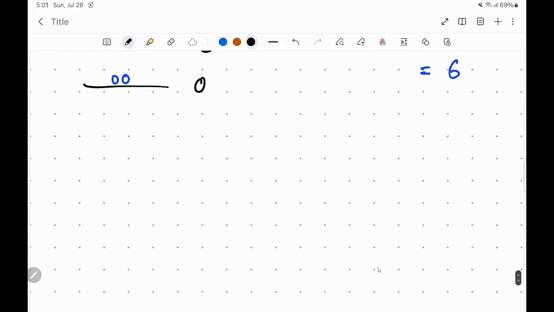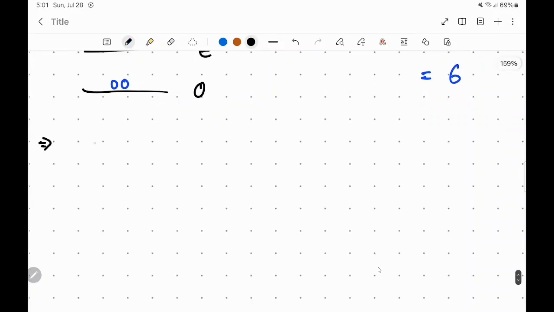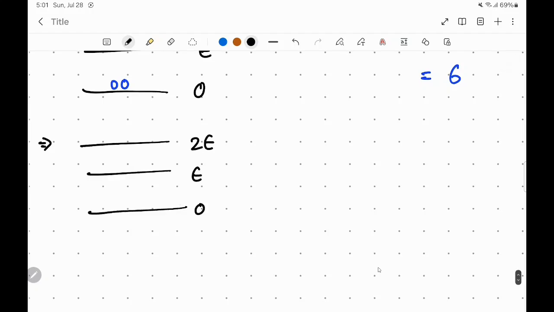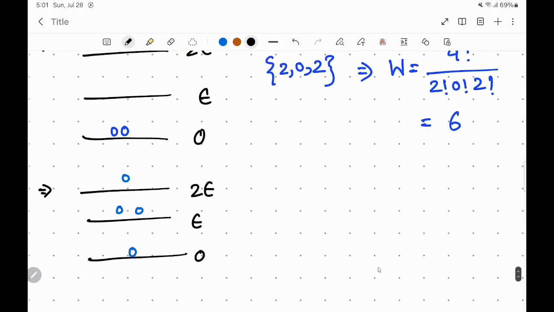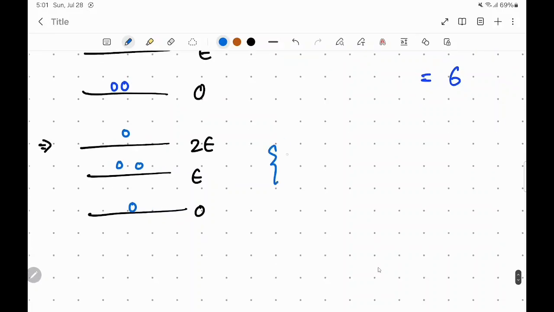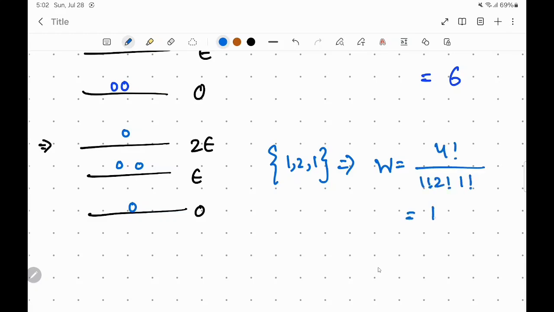What will be the other? One orientation can be 1, 2, 1. The total energy will be 2 epsilon plus 2 epsilon, so the total energy is 4 epsilon. So here the W will be 12.